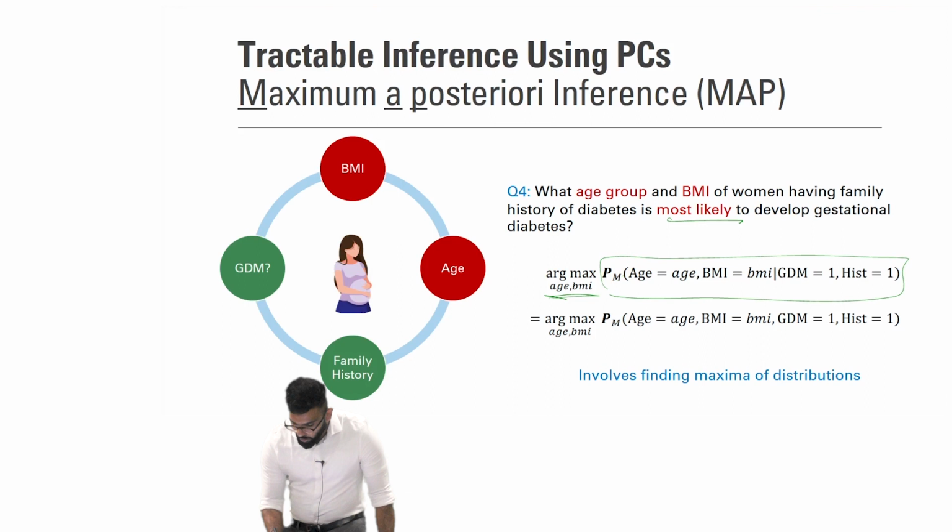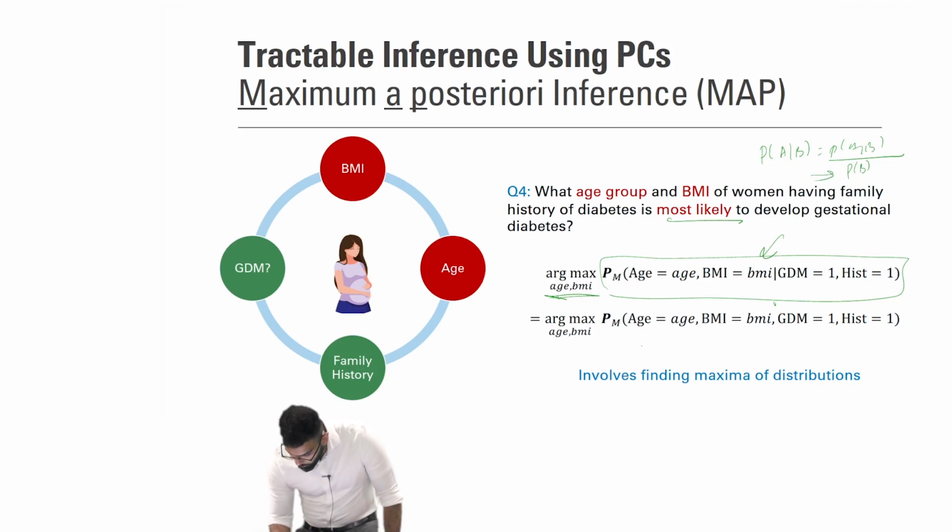Now, you know that this is a conditional query. But this is proportional to, what is P of A given B? It's P of A comma B by P of B, right? And we are interested in maximizing age and BMI, so if you write this down, you are not really interested in looking at the denominator.